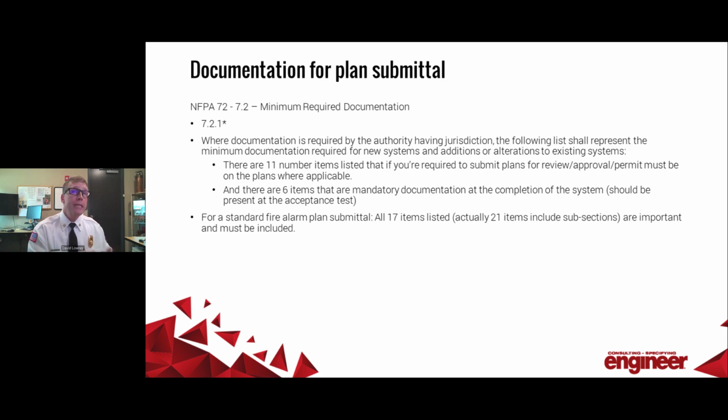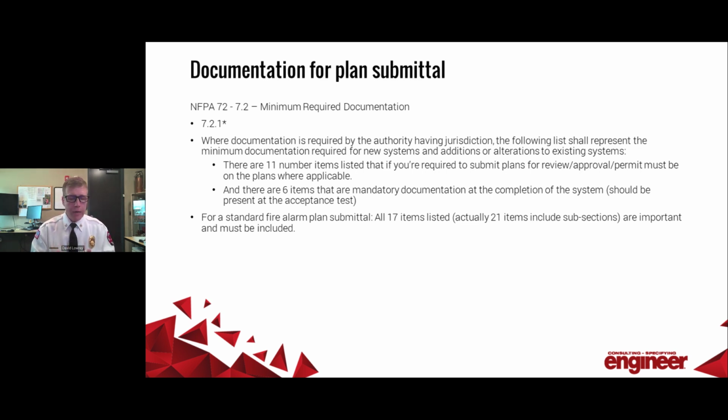And then there are 6 items in that numbering that are mandatory documentation at the completion of the system, right? That needs to be present, either at the acceptance test or at some agreed point.